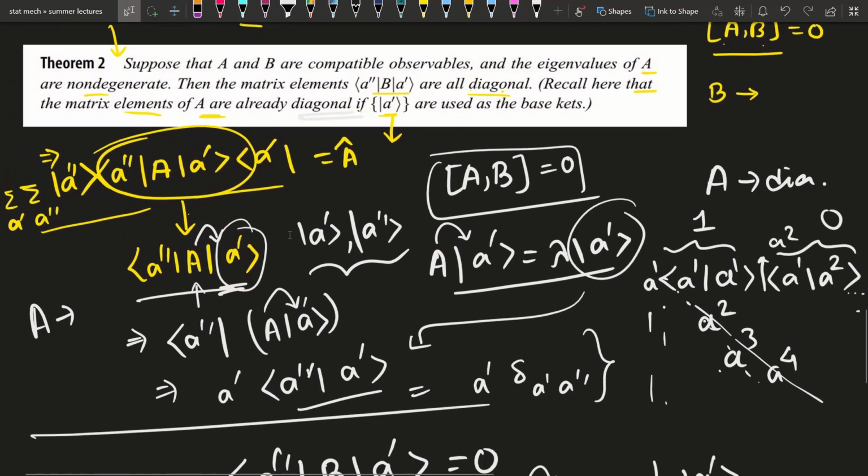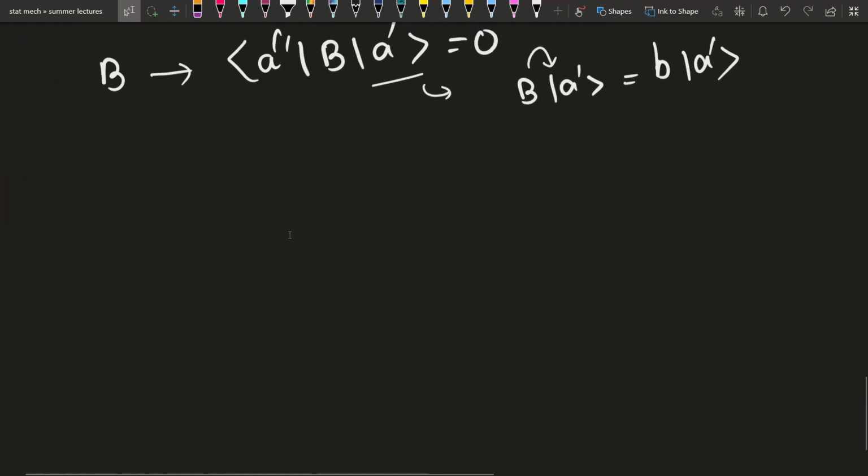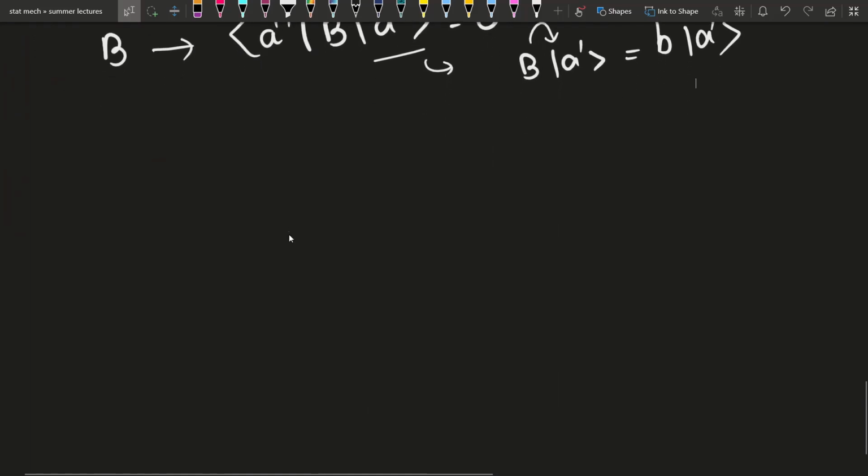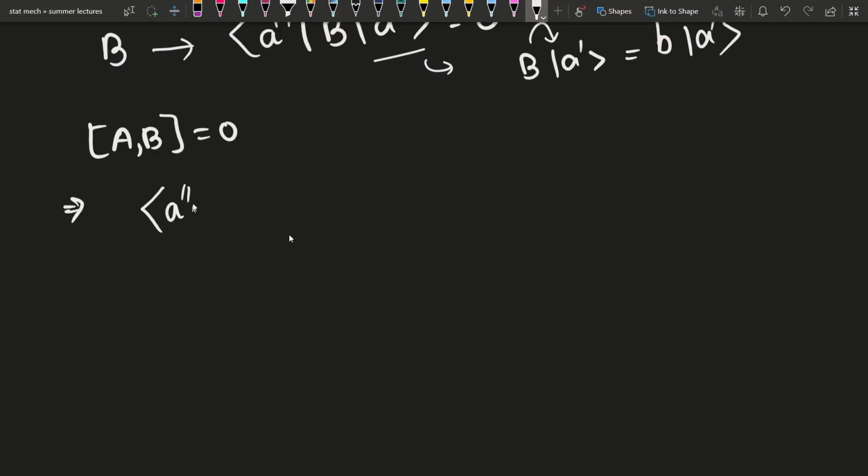If we have A comma B equals to 0, then we express it in terms of the matrix elements: A comma B, this commutation, between A double dash and A dash, equals 0.